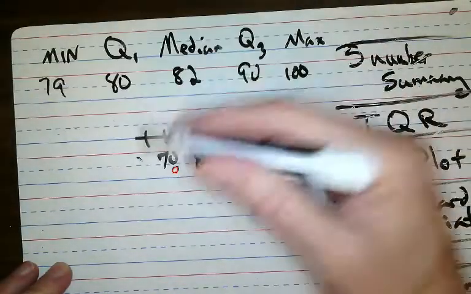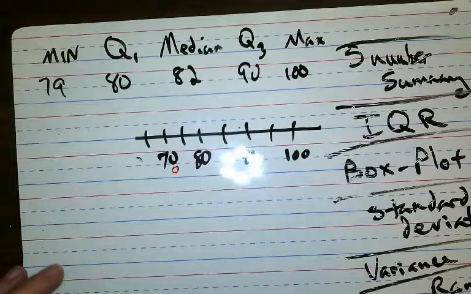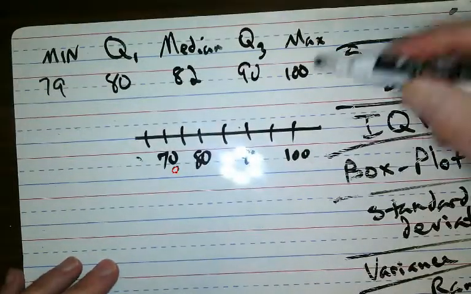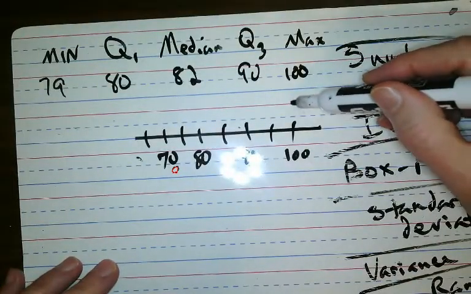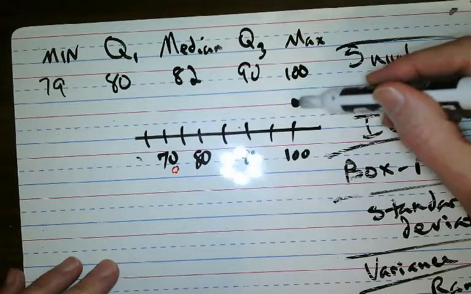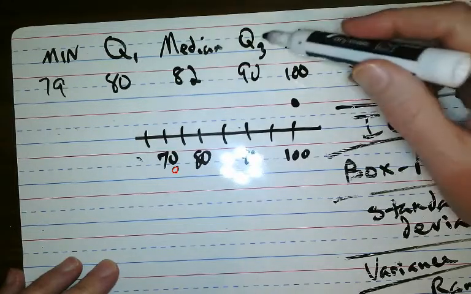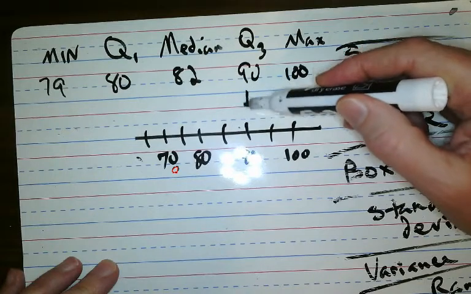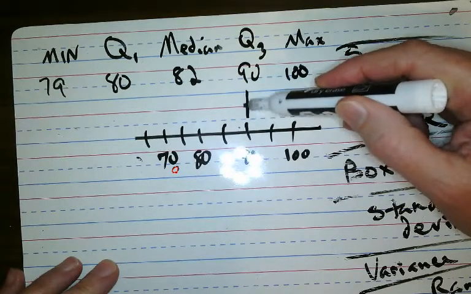Okay. Now then, when you make a box plot, each one of these things is in it. So 100 is the maximum, so it's a dot. Q3 is the right side of the box.